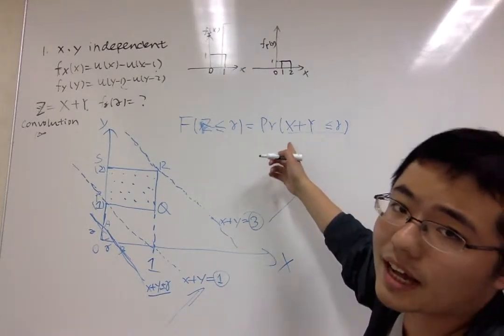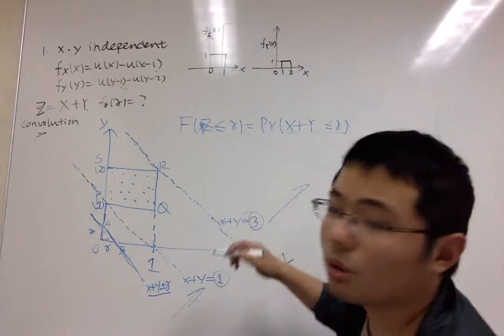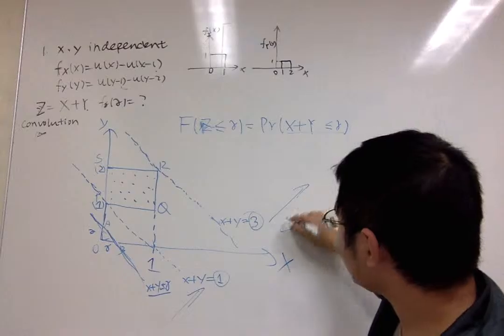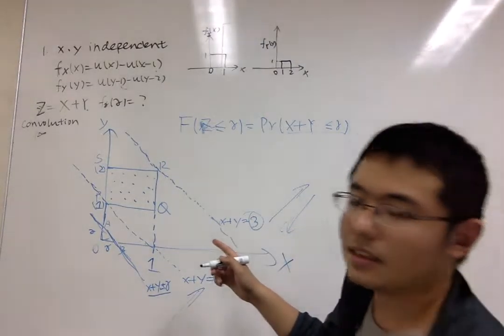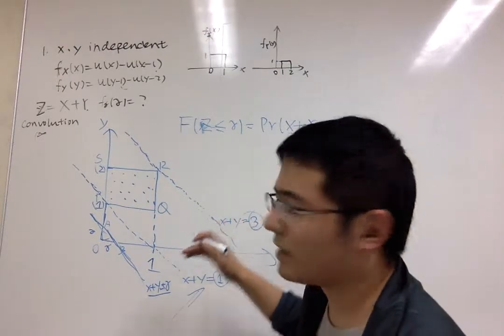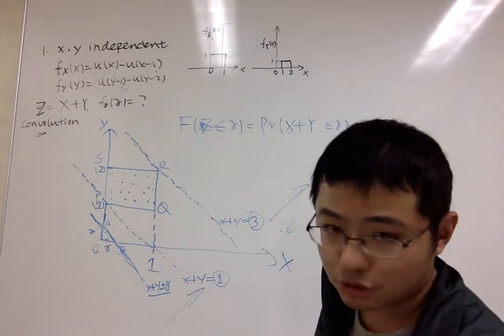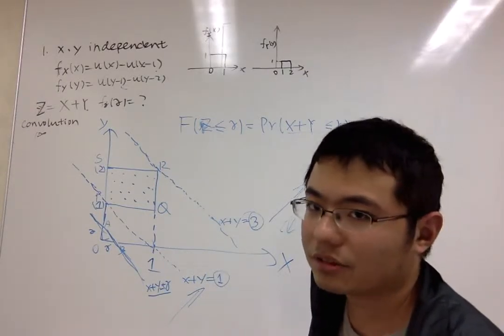When we want to know that x plus y is smaller than something, what we need to do is move it this way. It's like southwest, which means that the southwest part of the straight line is the area we're caring about.